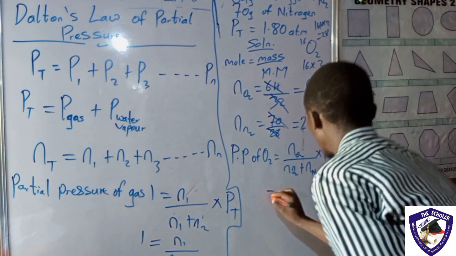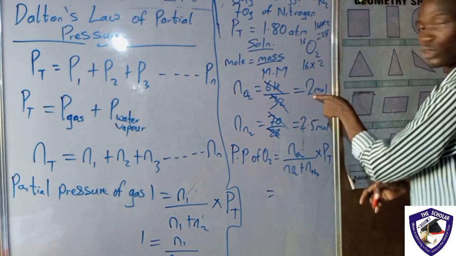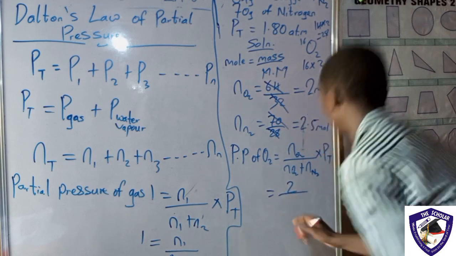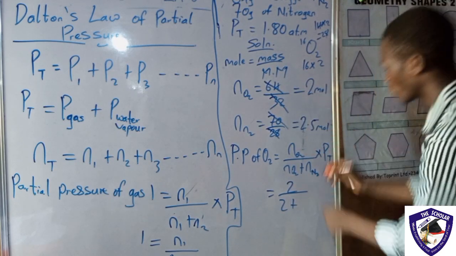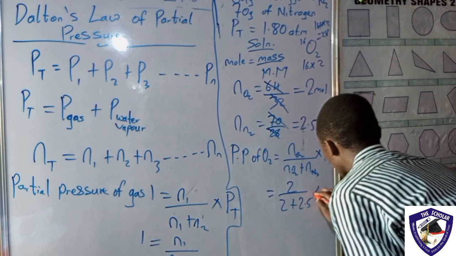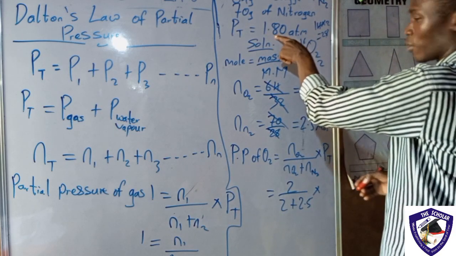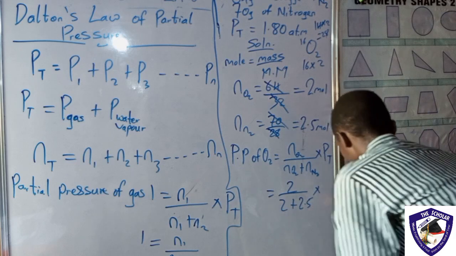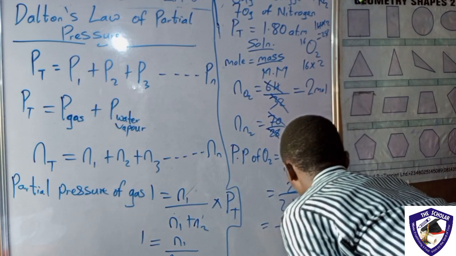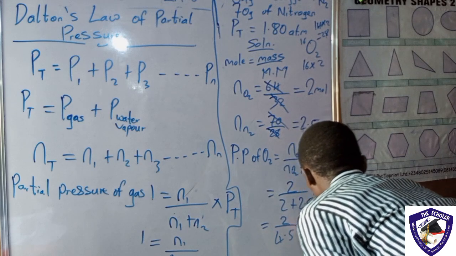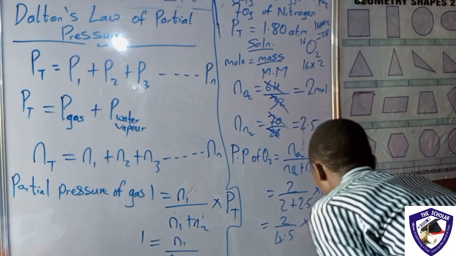Are you with me? So here, what is the number of moles of oxygen? 2 moles, over 2 plus nitrogen 2.5, times our total pressure 1.80. So here we have 2 over 4.5 times 1.80.